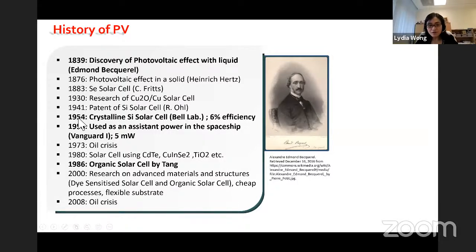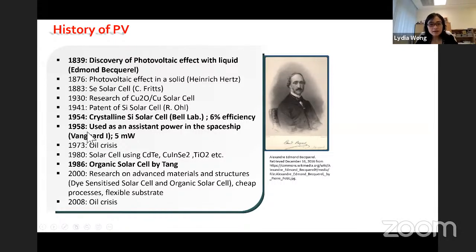After the Second World War, the crystalline silicon solar cell at Bell Labs reached 6% efficiency. And in 1958, it was used in a spaceship.